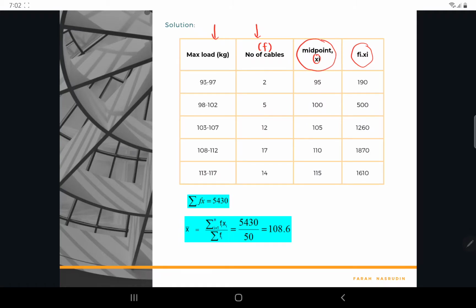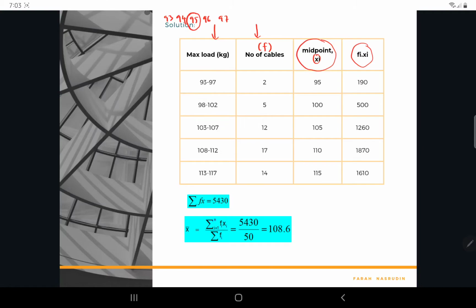In our interval 93 until 97, the central value between 93 and 97 is 95. 93, 94, 95, 96 and 97. So the middle one is 95.